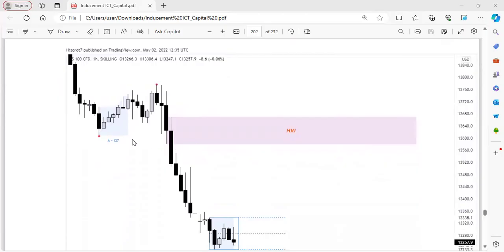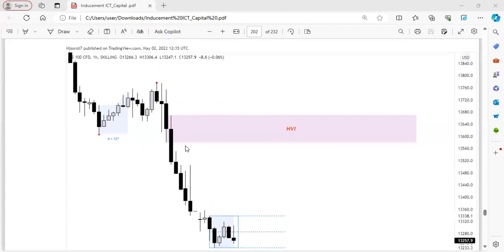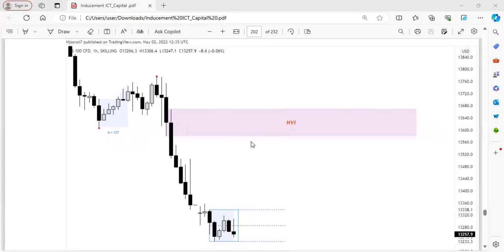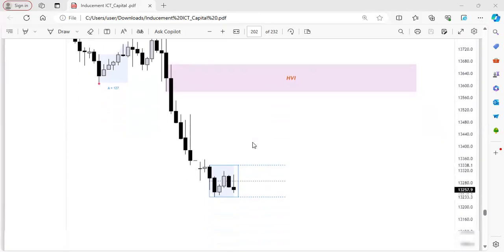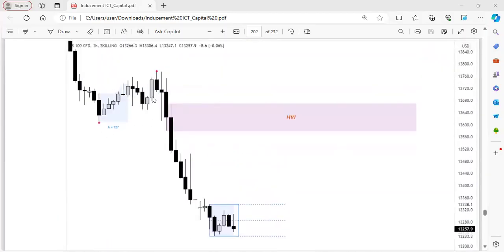So you see HVI, A equals 127, things like this happen all the time. Get it? And these are just consolidation, distribution, consolidation here.